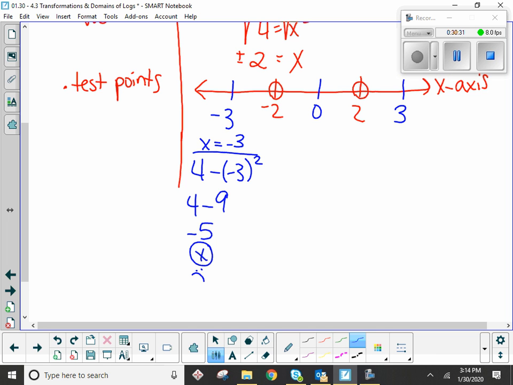And then when you test 0, what is 0 squared? Absolutely, right, 0. So that gives you 4, that's positive, hooray. And then when you test 3, you're going to get the exact same thing as you got over there, which was negative 5, because 3 squared is the same as negative 3 squared, and that's bad.